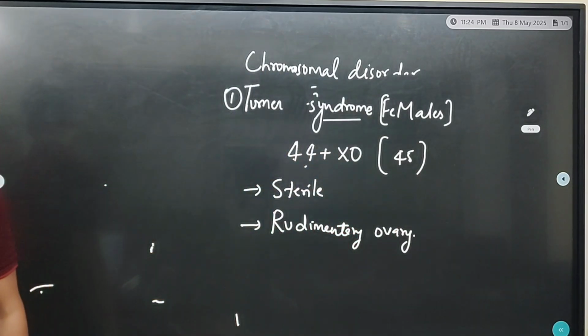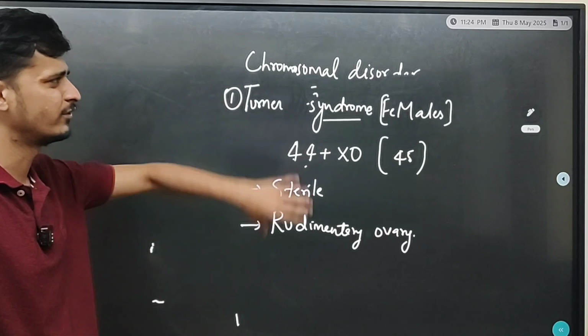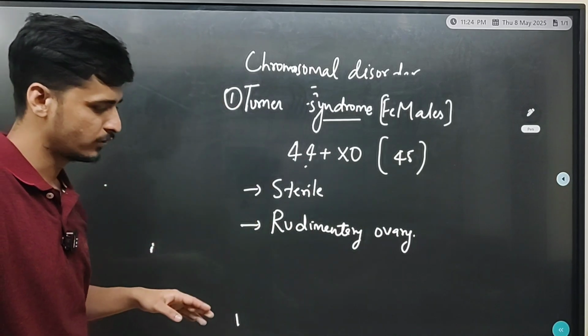Mentally retarded dwarf. So mental retardation is there in all three syndromes. This is the last topic of the chapter.